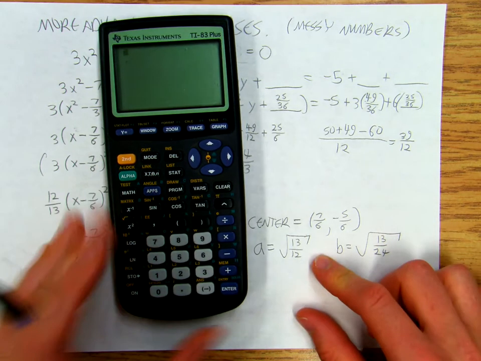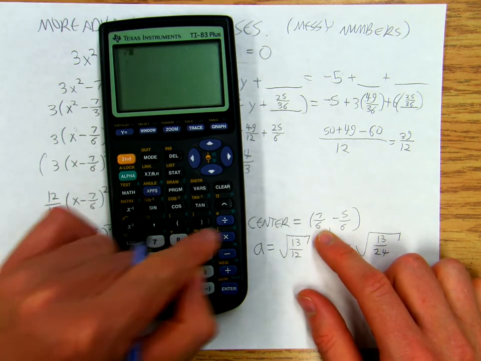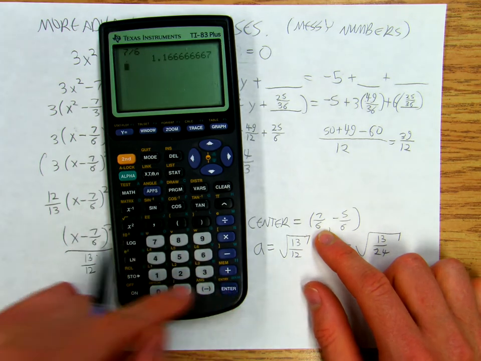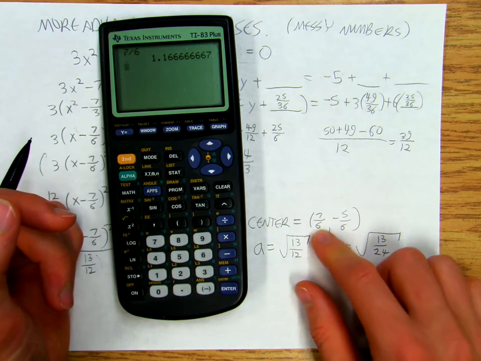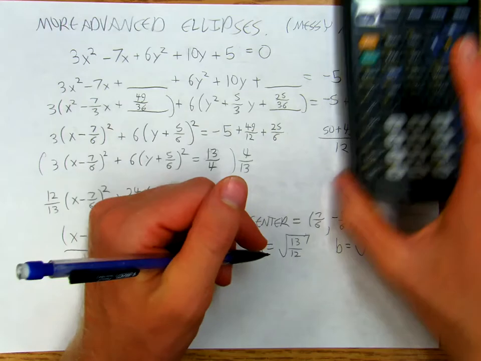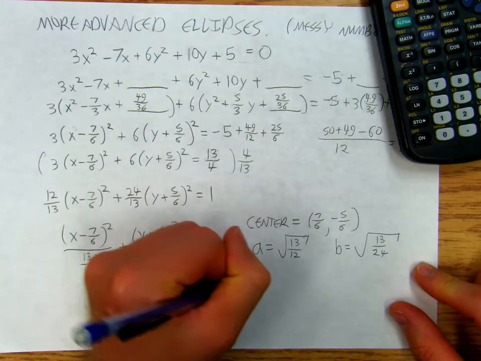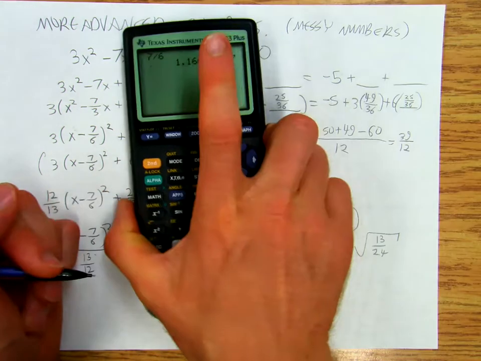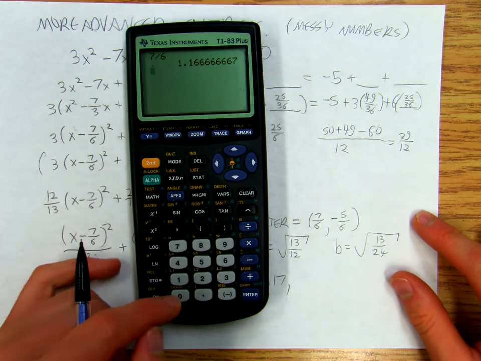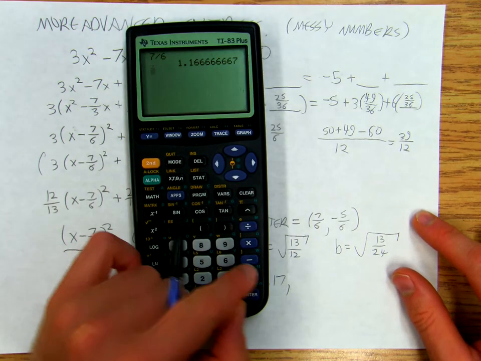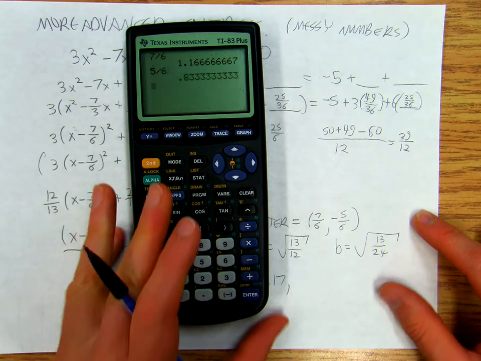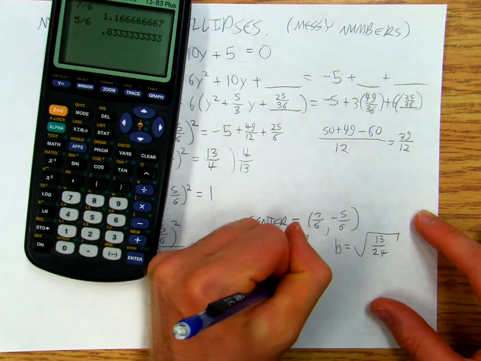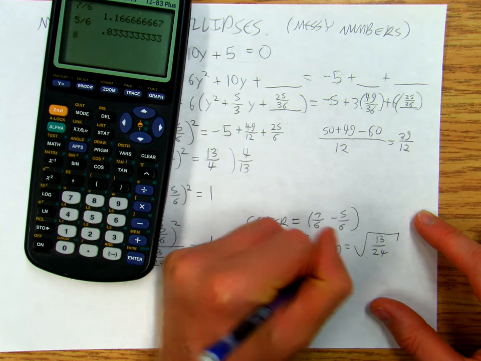Okay, so 7/6, 7 divided by 6 is 1.17. So center 1.17, comma, negative 5/6, so 5 divided by 6, 0.83.